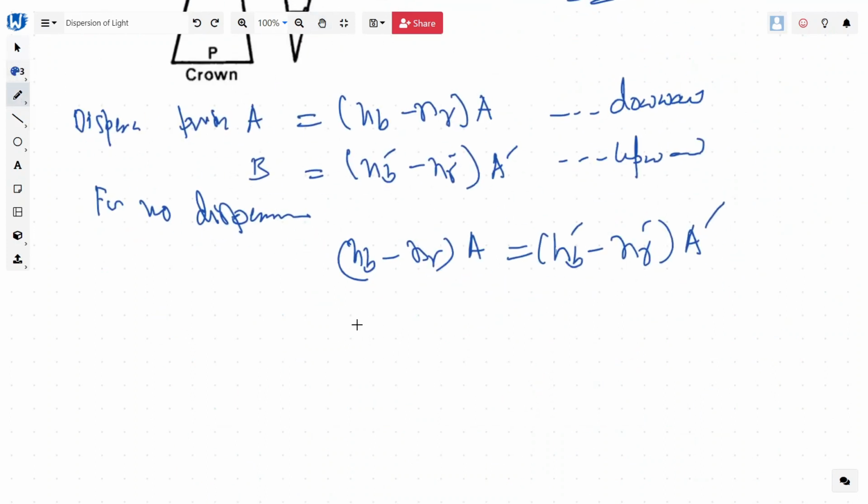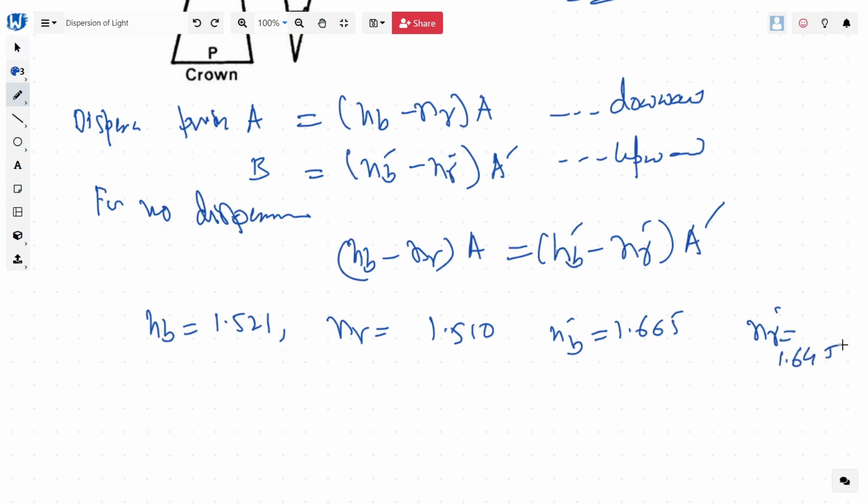So nB is 1.521 and nR for the crown is 1.510, and for the flint nB' is 1.665 and for the red 1.645, and then A, let's say, 6 degrees. Let's find out what will be the angle of the second prism.